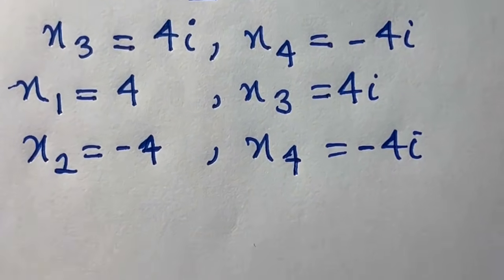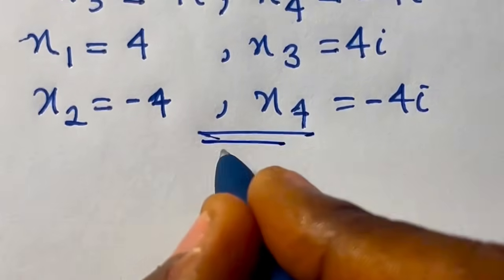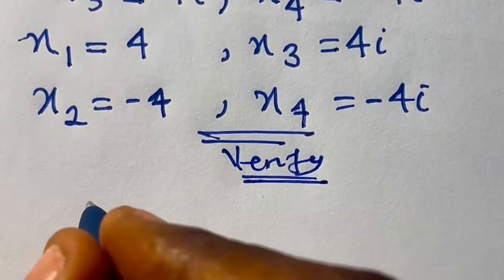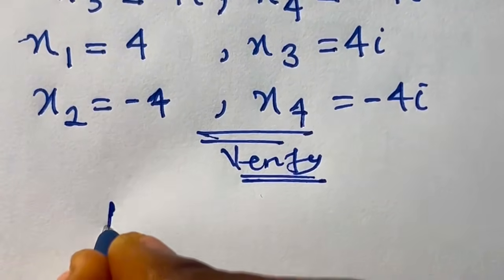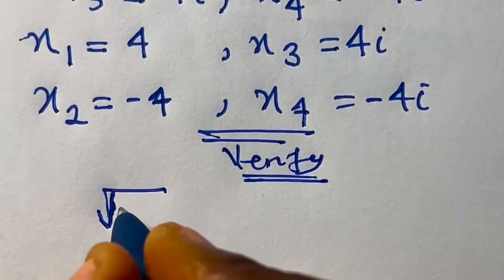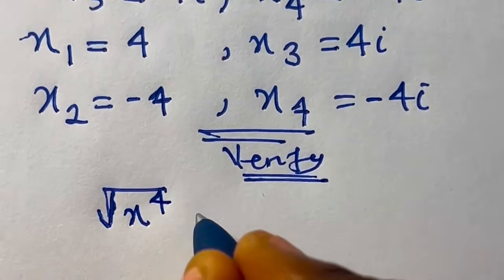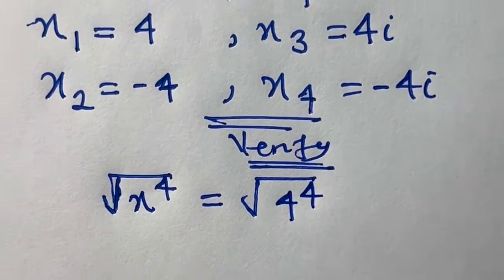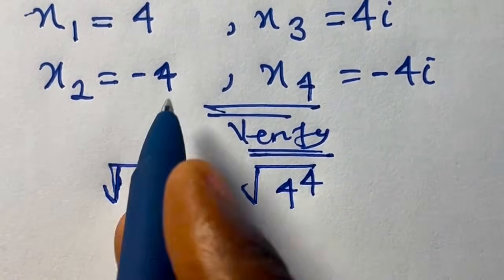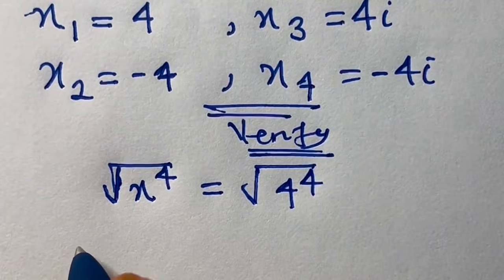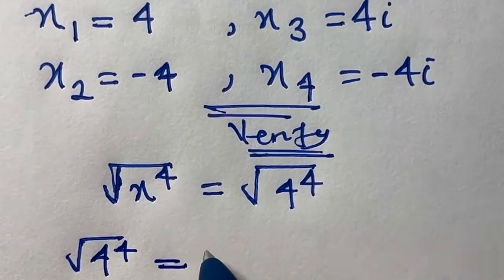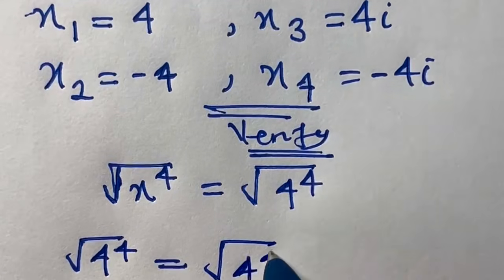So you can have a quick verification. It's very obvious. If our given equation is the square root of x raised to the power 4 equals the square root of 4 raised to the power 4, let's say our x equals 4. We will have 4 raised to the power 4, which will definitely equal 4 raised to the power 4.